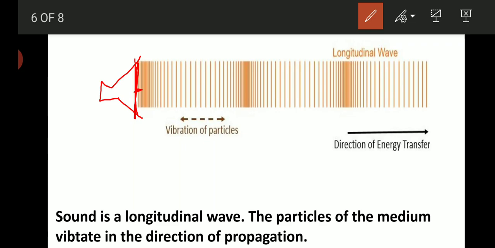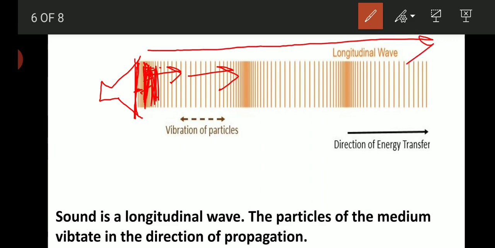As it vibrates, it pushes the particles or molecules of the air in front of it. As it pushes the particles in front of it, the particles get closer to each other. Then this particle also pushes the neighboring particle, and the neighboring particle pushes its neighboring particle. In this way the sound energy travels from one point to another point. And this is the direction of sound energy transfer.